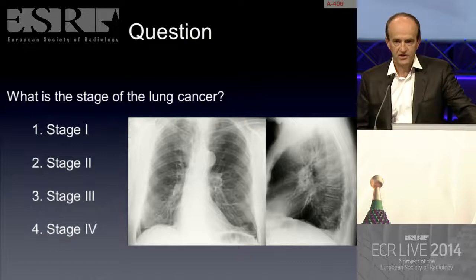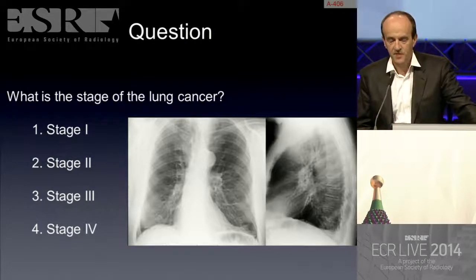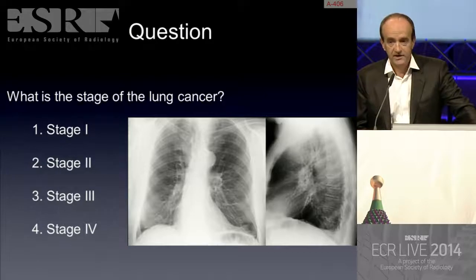On this chest radiograph, there is evidence of lung cancer, and you can stage it. So the question is, what is the stage of the lung cancer? 1, 2, 3, or 4? Please vote now.